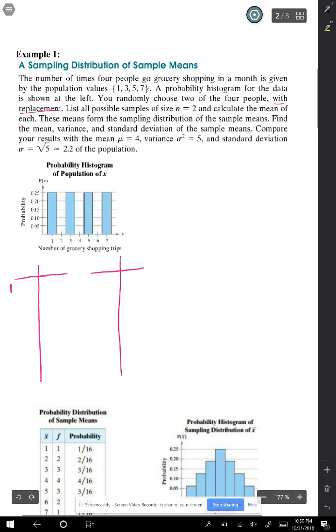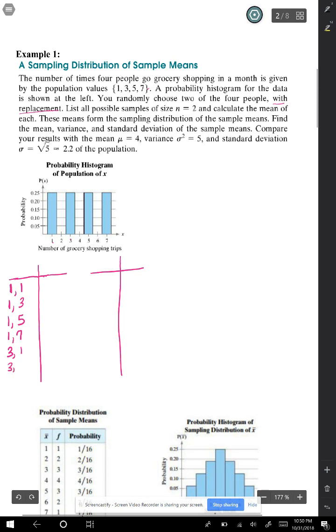So I could choose the person that went once, put them back in the hat, and choose that person again. I could choose the person that went once, put them back in the hat, and draw the person that went 3 times. I could draw the person that went once, put them back in the mix, draw the person that went 5 times, or 1 and 7. Or I could draw the person that went 3 times, and then draw the person out that went once.